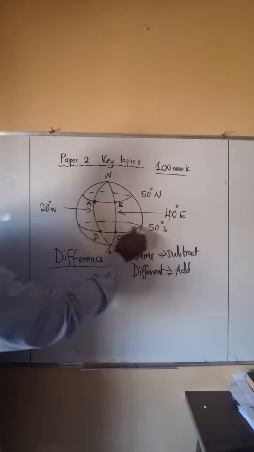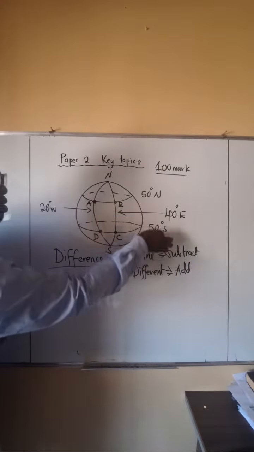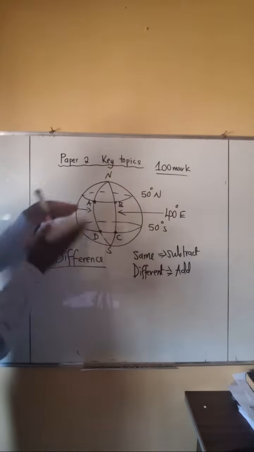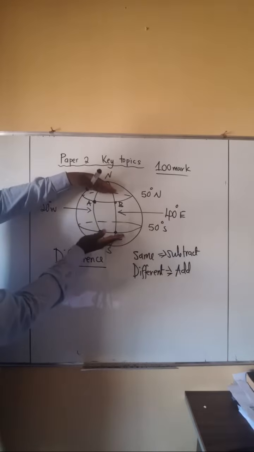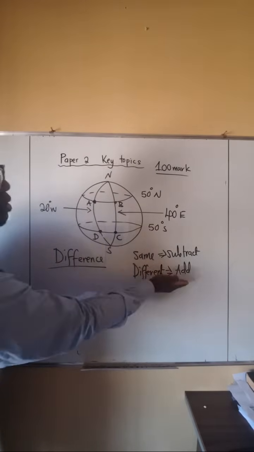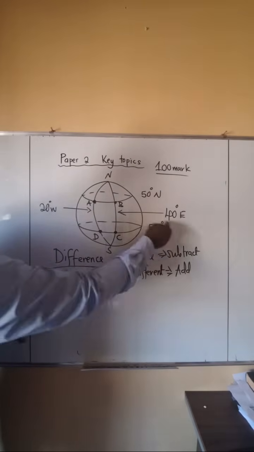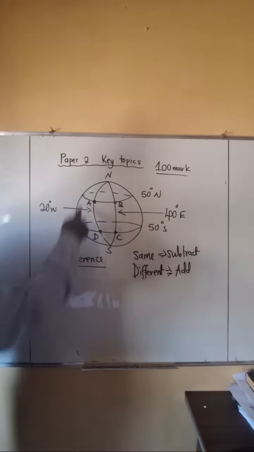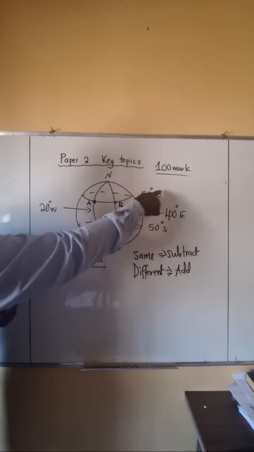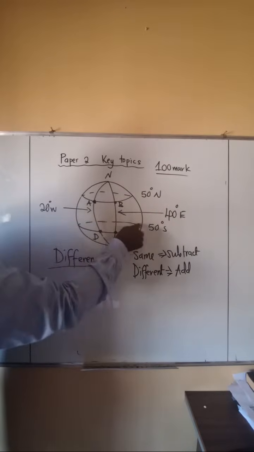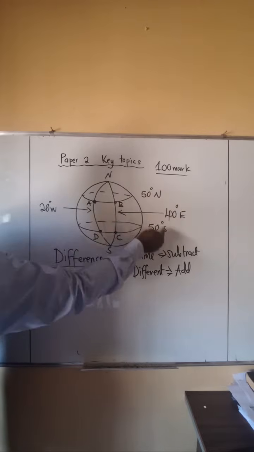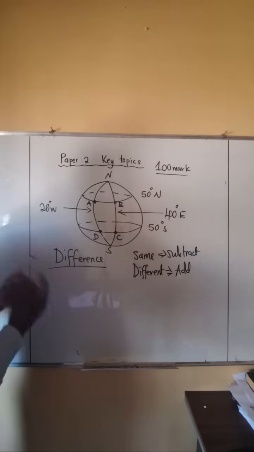No, because here this latitude is 50 degrees south, this one is 50 degrees north. It means they are different. And when they are different, you add. The name of this latitude is 50 degrees north. The name of this other latitude is 50 degrees south. So north, south, they are different. Therefore, we are going to add.